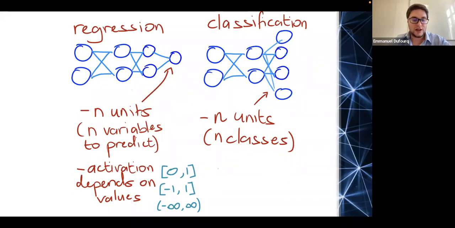Or if the range of the values is between negative infinity and positive infinity, you could use a linear function. You can also scale your outputs to be within a range to allow you to use a particular function. So there's many things that one can do.